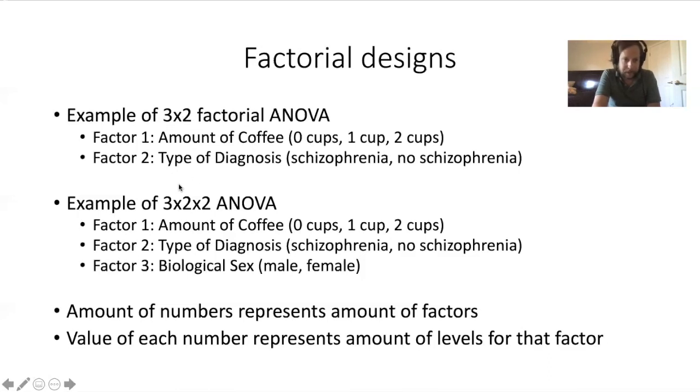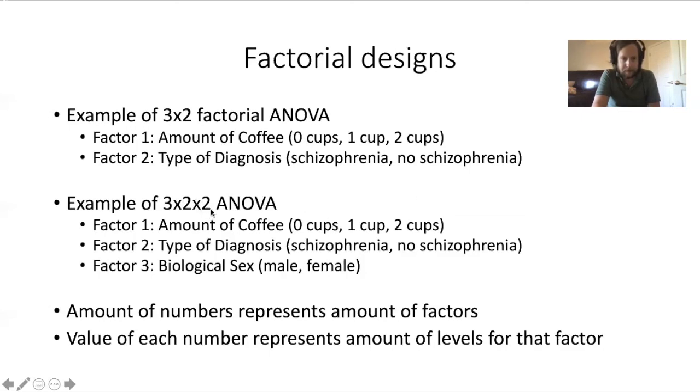Here is another example, a 3 by 2 by 2 ANOVA. This has 3 factors, and you can see that because there's factor number 1, there's factor number 2, and there's factor number 3 right there. Factor number 1 has 3 levels, 0, 1, and 2 cups. Factor number 2 has 2 levels, schizophrenia and no schizophrenia.